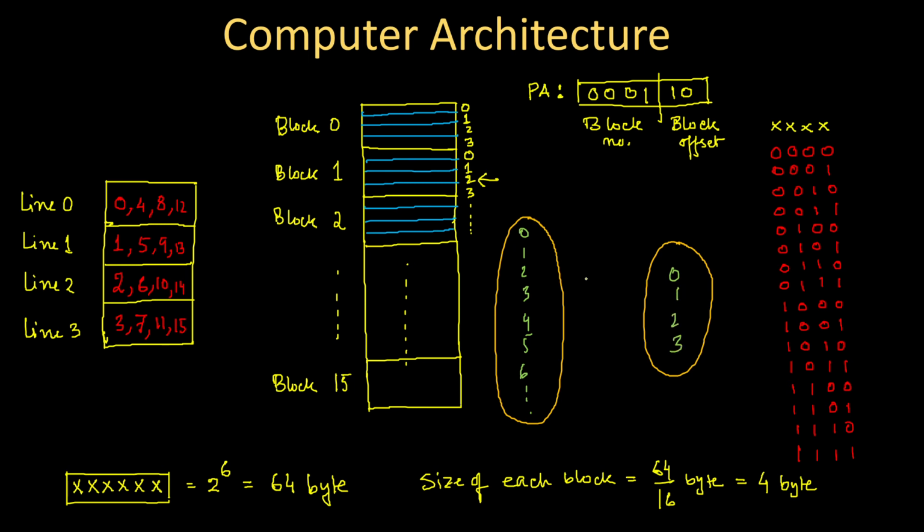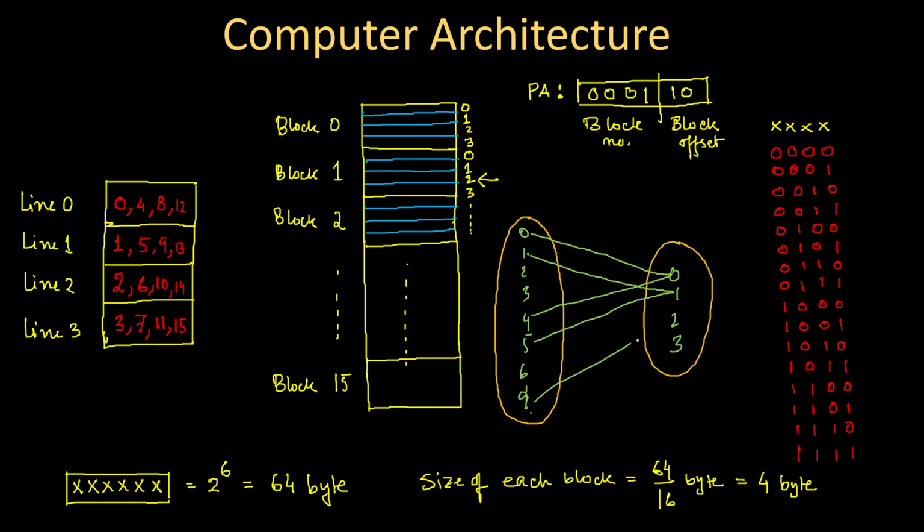What I can say is that this 0 can be mapped to 0, then 4, then 8 and 12. I have not written 8 and 12 over here, that's why you cannot map them. Similarly 1, 5, 9, 13, that means this 1 can be mapped to this 1, then 5, 9 and 13.